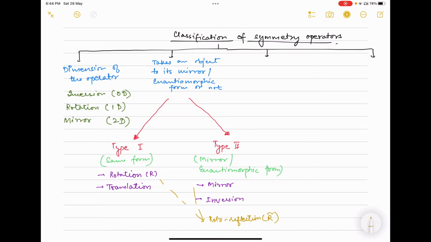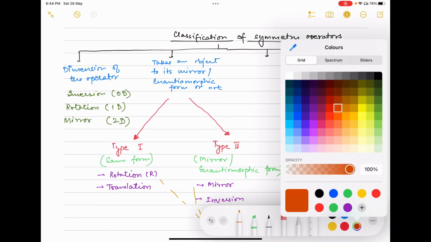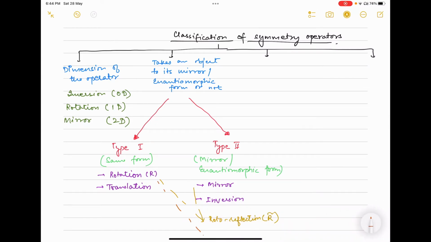And if we club this inversion plus rotation, we get roto inversion. This is also a compound operator. So these two are compound ones.